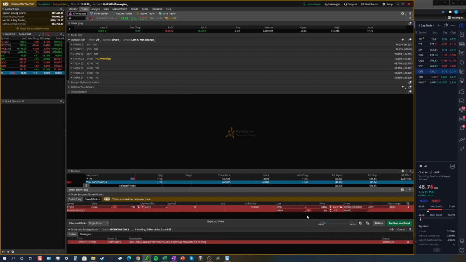If the market comes down, it hits my trigger, but now I want to get filled at 48.80 or better, which would be higher. It could turn around and start going down, and never actually get up to my limit. It's still just basically a limit order. We just have a trigger down here that's triggering the limit order, a trailing stop. So you've got to be real careful with how you do that.